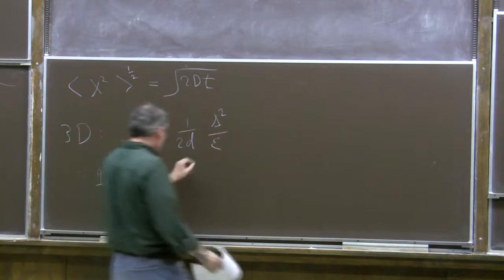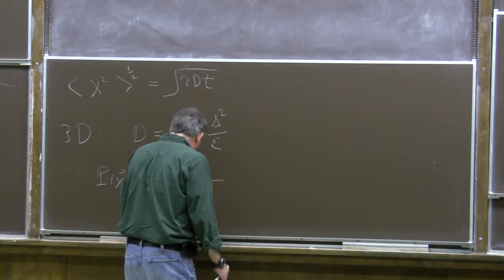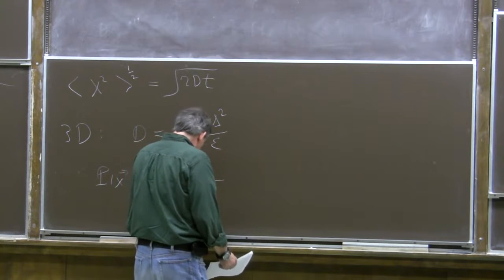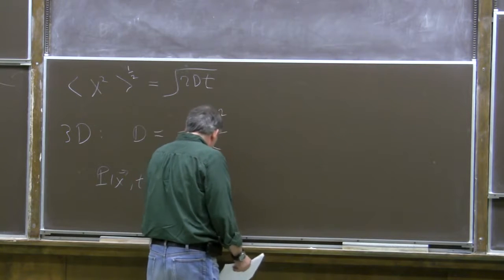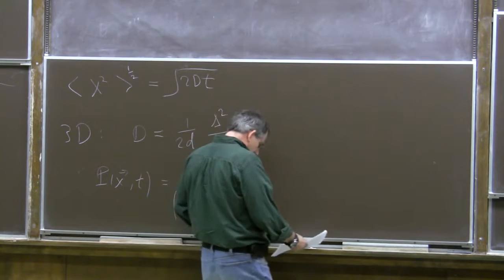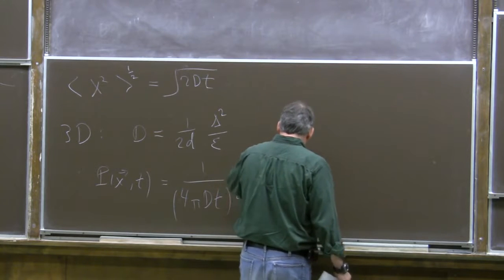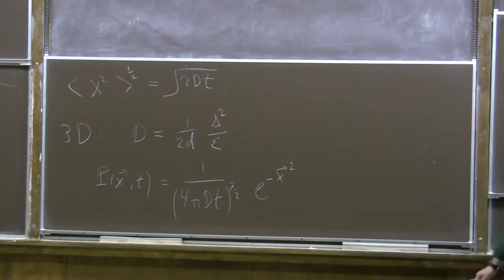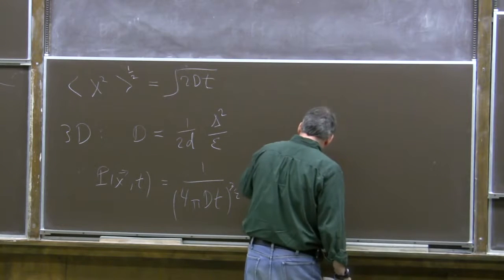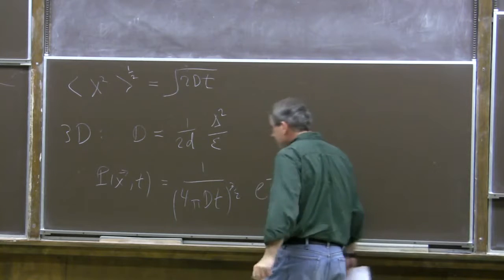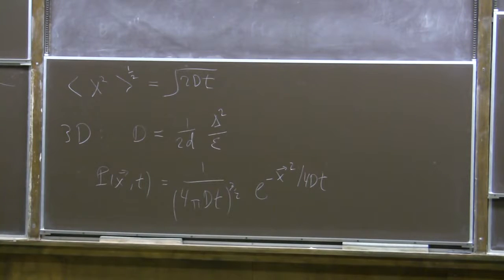So it would be 1 over 4 pi dt to the 3 halves, and then the exponential, e to the minus vector x squared, so x squared plus y squared plus z squared, divided by 4 dt. And that would solve the 3-dimensional version of the diffusion equation, in which this second derivative becomes the gradient squared for a function of x, y, z, and t.